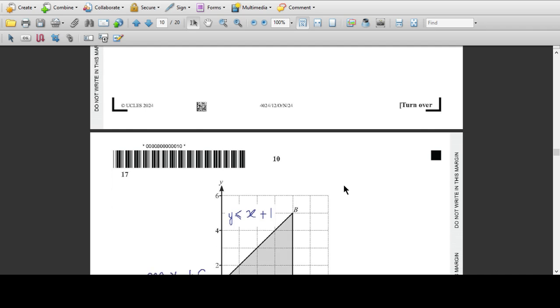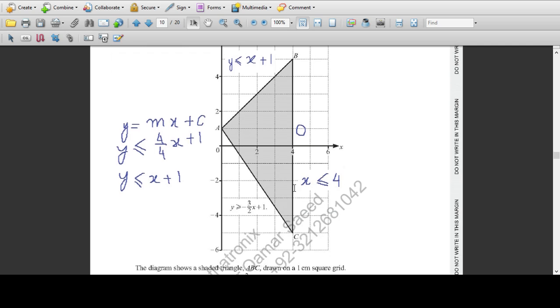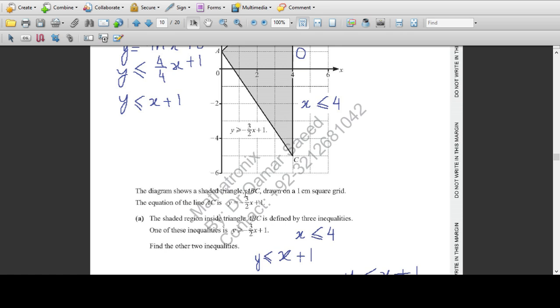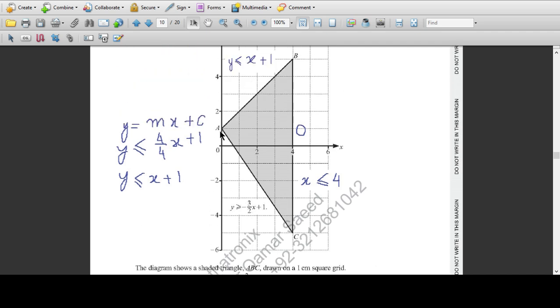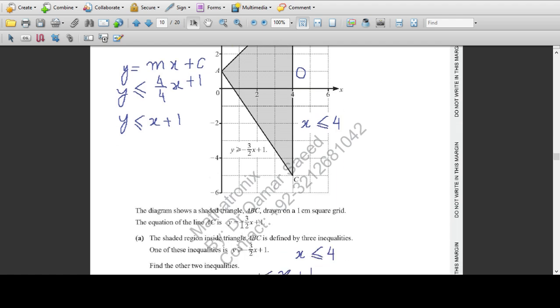Question number 17. Here we have been given this triangle ABC, and the shaded region in this triangle ABC is drawn on a 1 centimeter square grid. The equation of the line AC is y equals minus 3 upon 2 x plus 1.